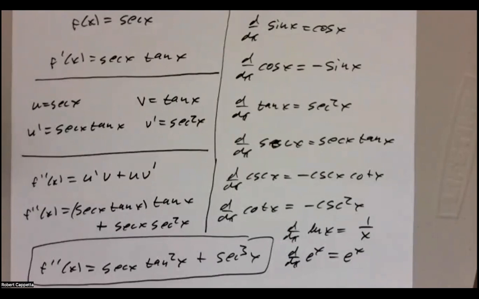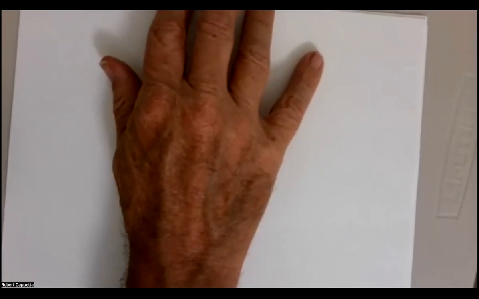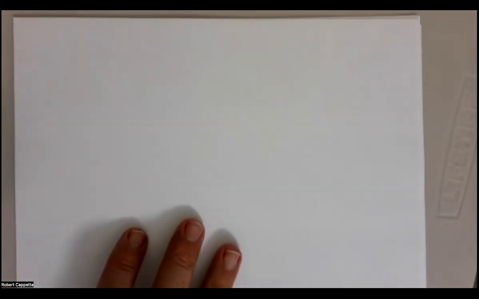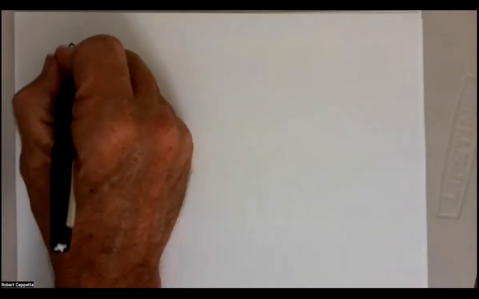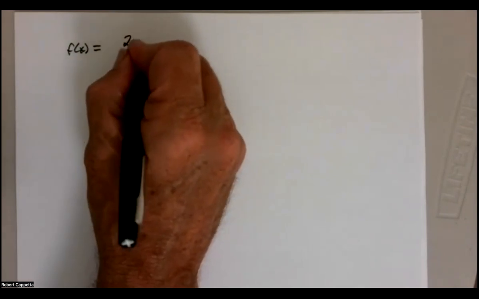And now we get to the quotient rule. So let's see what's happening there. What do I have as the quotient rule? Well, for question number 4, we want f prime of x when f of x is 2x plus 1 over x minus 3.